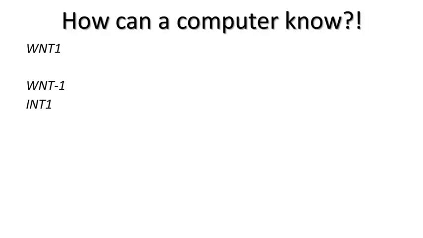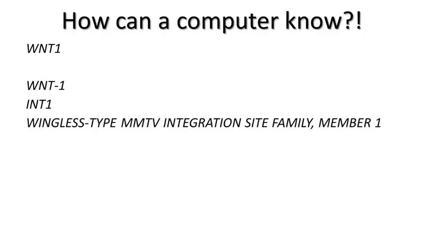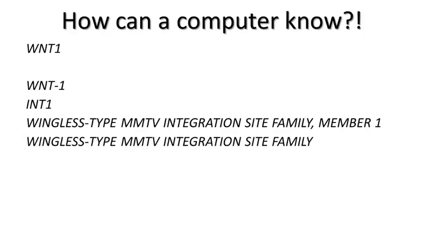There's no way for a computer to know that Int1 and Wnt1 refer to the same gene. Wnt1 is a shorthand for wingless-type MMTV integration site family member 1. The poor computer is really getting confused. Wnt1 is a member of the wingless-type MMTV integration site family, but a computer looking at Wnt1 and wingless-type MMTV integration site family has no way of knowing their relationship.